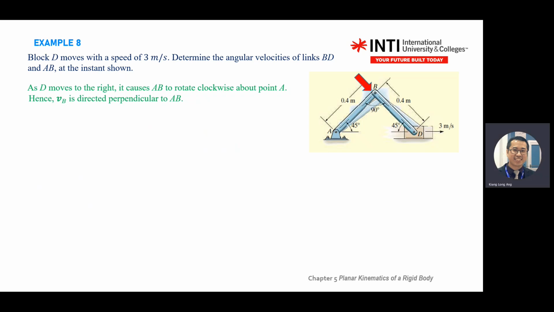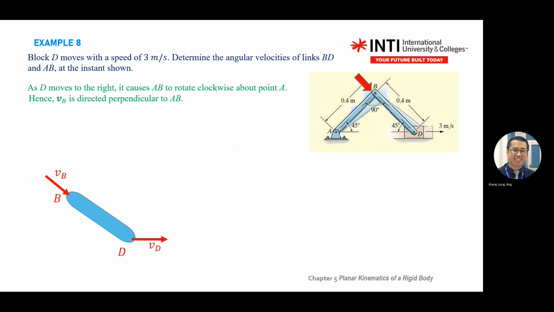So this example 8 is so coincident that the red arrow is 90 degrees, the same direction as the BD. But now you're looking at link AB. So you draw to the body BD. You can pull AB to one side and BD to the other side.